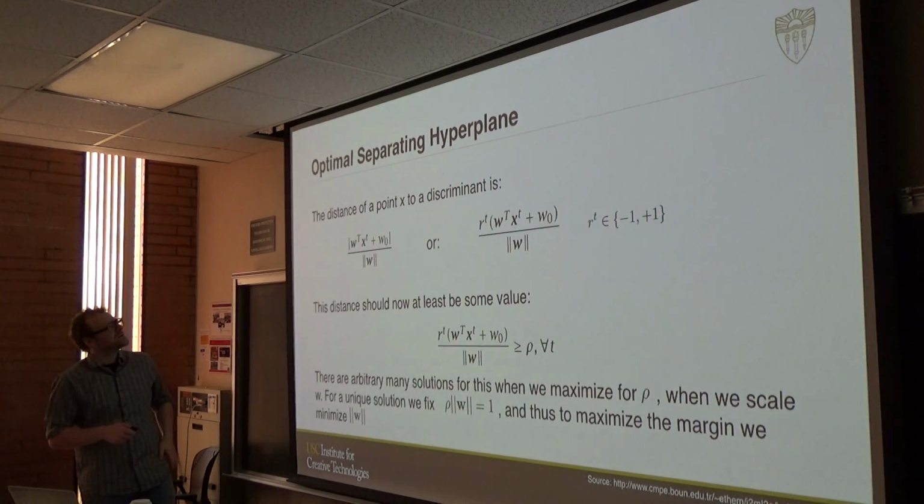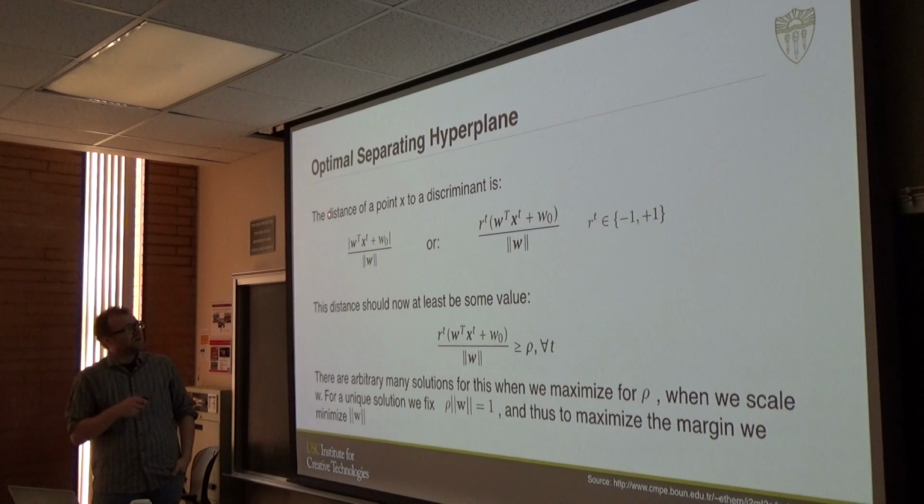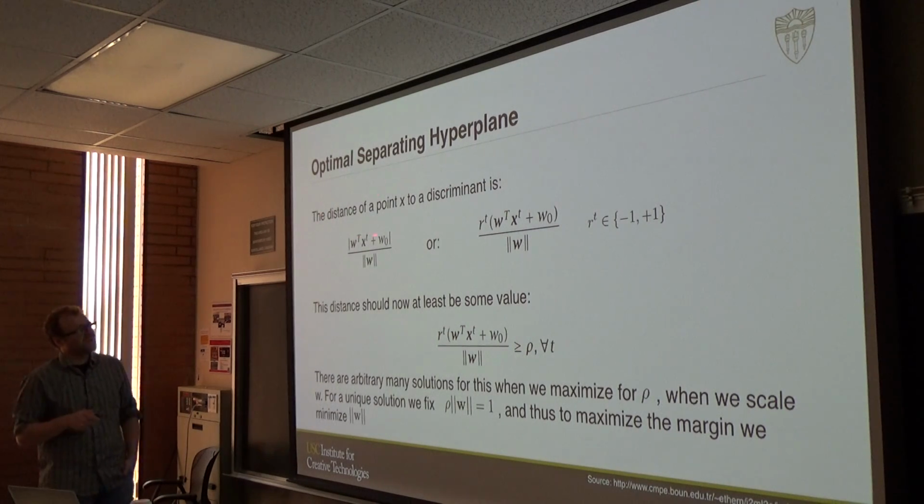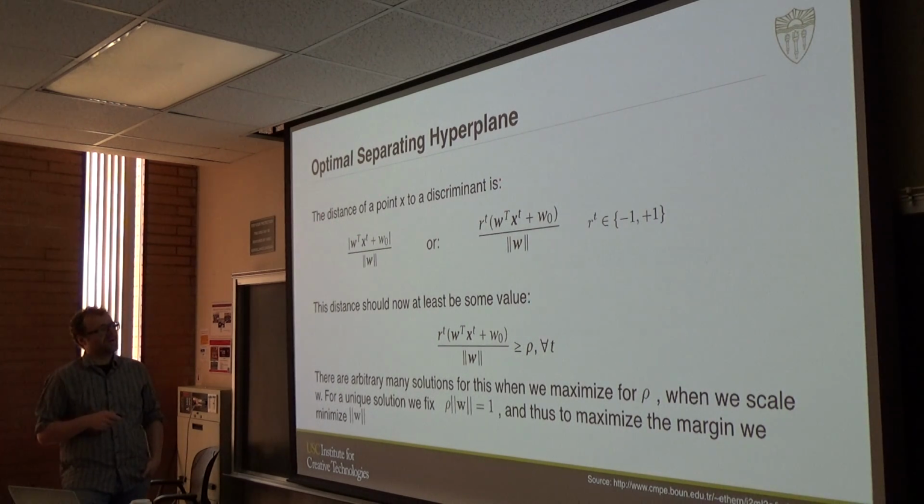If we want to calculate the distance of a point to a discriminant, we need to calculate this formula. We have the absolute value here, but we can also just reuse this R parameter again.